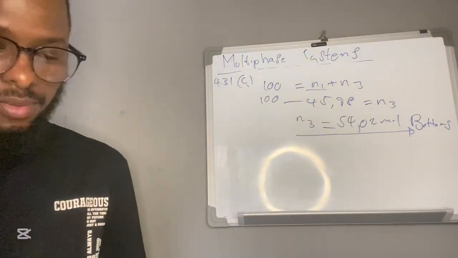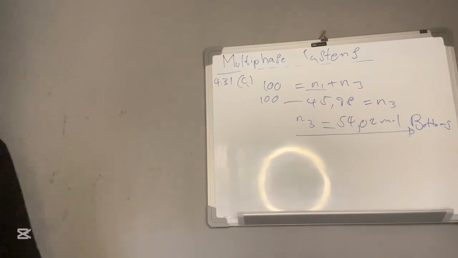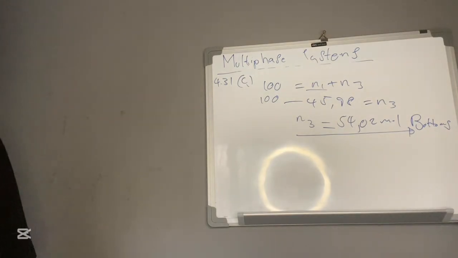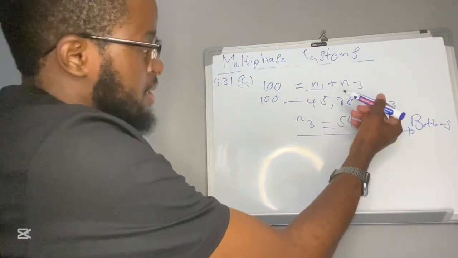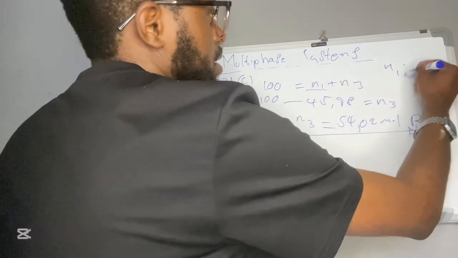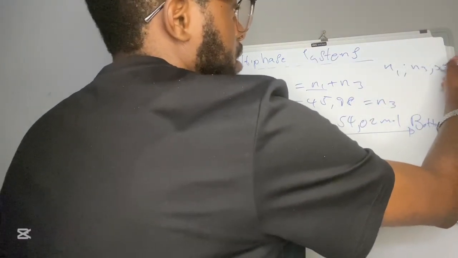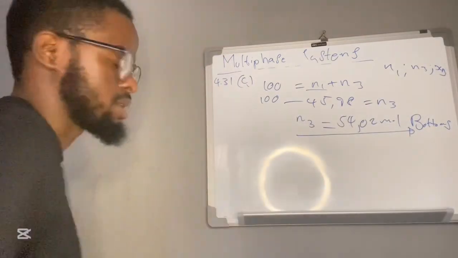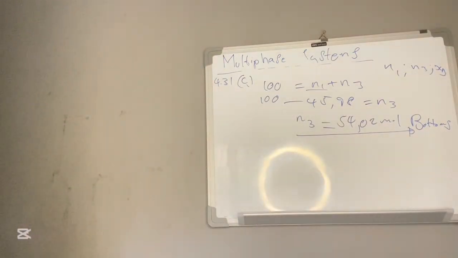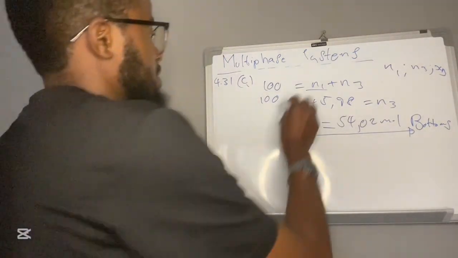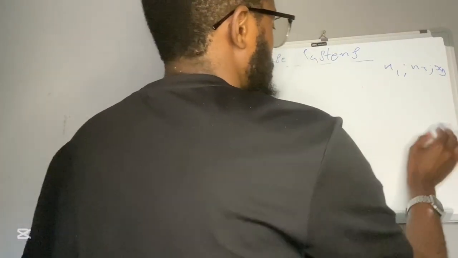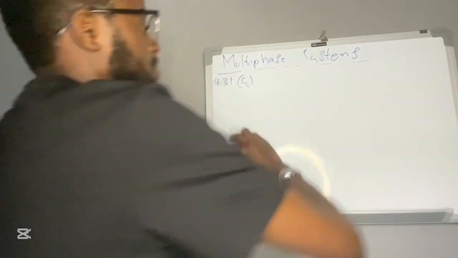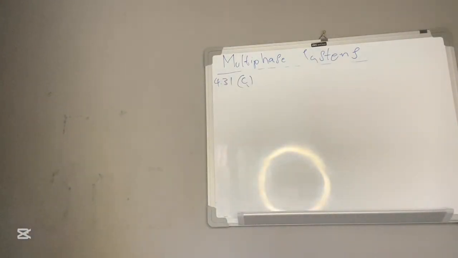Another thing that we did on the skeleton was the molar benzene balance. We said the unknowns were N1, N3, and XP. Now I want to find XP.